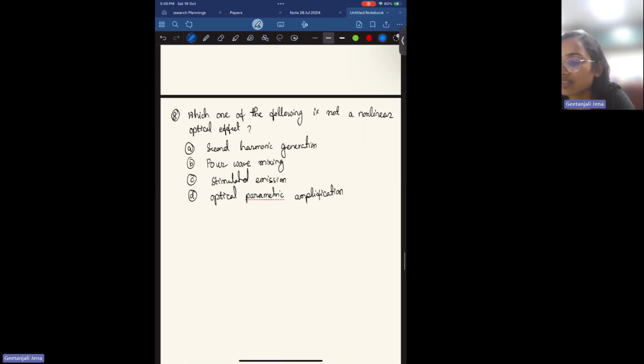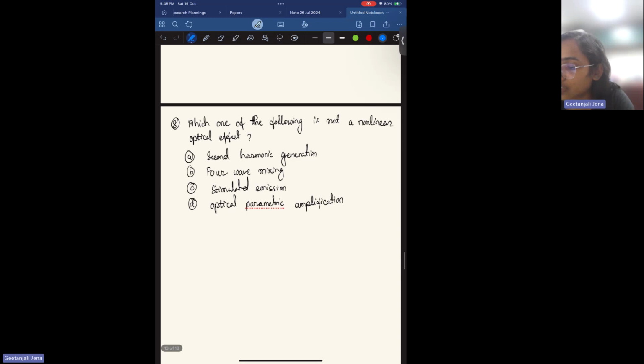The next problem is also a conceptual one. Which one of the following is not a nonlinear optical effect? One is second harmonic generation. This you already know is a nonlinear optical effect because of the Chi2 susceptibility.